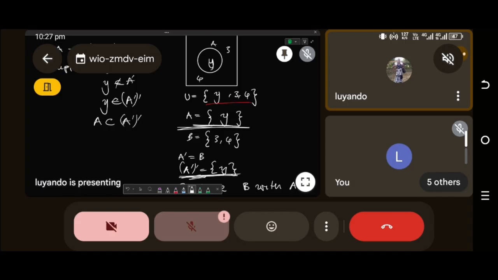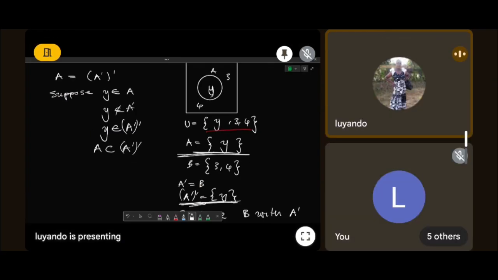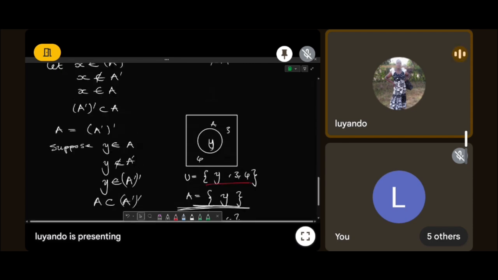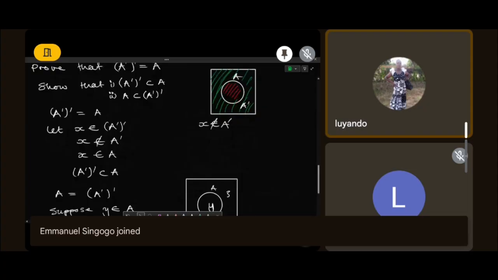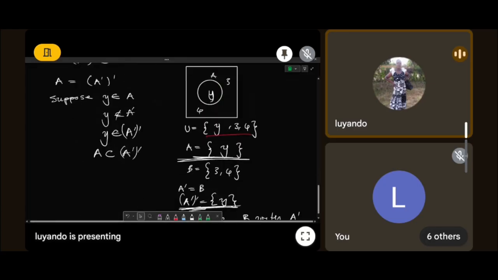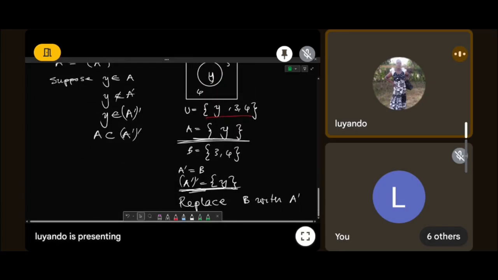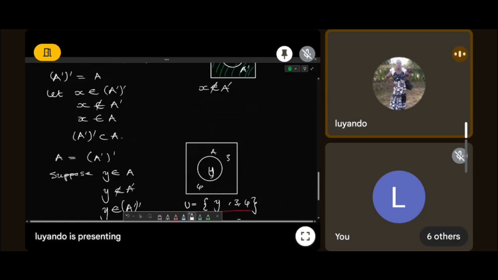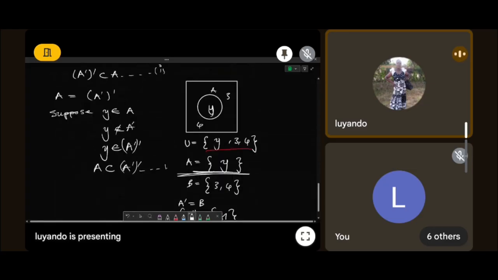So now when you reach this point, that's when you conclude to say that from statement 1 and statement 2, we've shown that A complement is equal to A. I'm pretty sure you know that conclusion when you reach this stage, because this is your statement 1, and this is your statement 2.